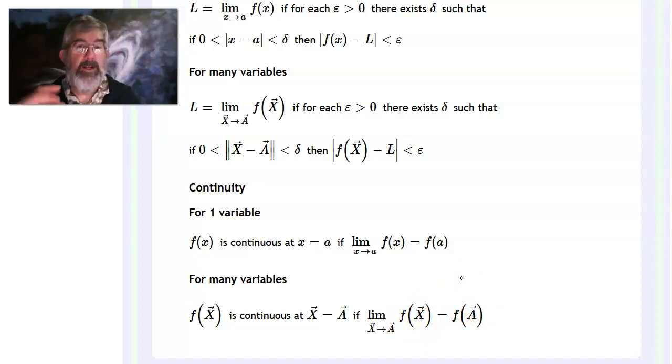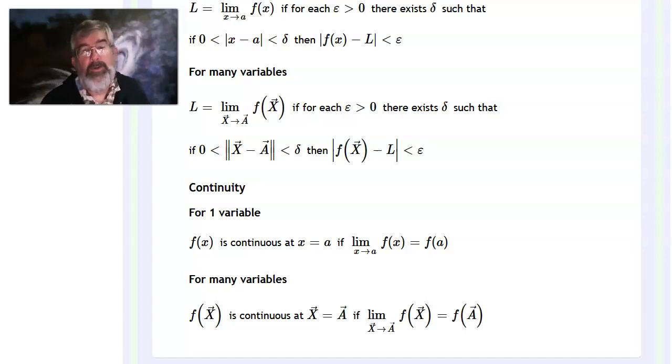If what happens as you get close to vector a is the same thing as what happens at vector a, then we say the function is continuous at x equals a. It looks very much the same. It's just that instead of having one variable, you have multiple variables going to multiple constants. And if this is true, then it's continuous. And notice, just as we had before, this really implies three things. It implies that the limit has to exist, that the function value has to exist, and they have to be equal to each other.